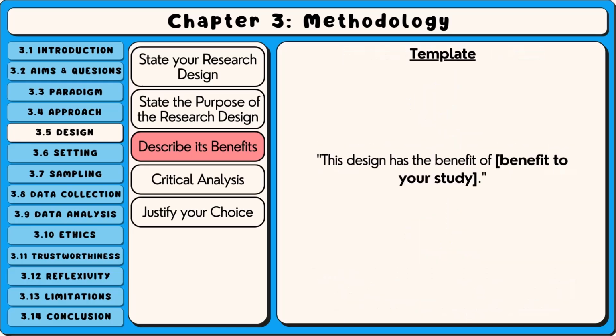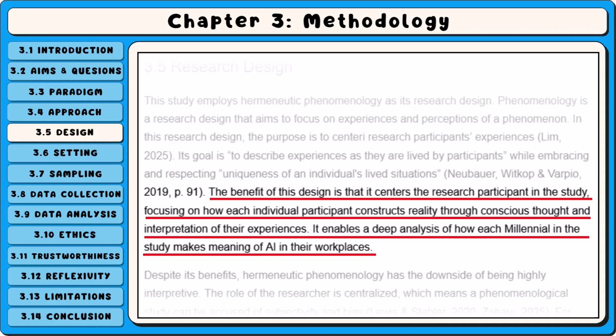Here's a template. "This design has a benefit of," and then name the benefit. In the example piece, it says, "The benefit of this design is that it centers the research participant in a study, focusing on how each individual participant constructs reality through conscious thought and interpretation of their experiences."